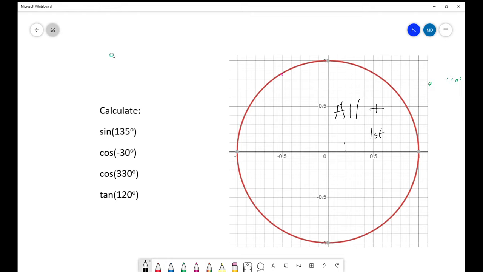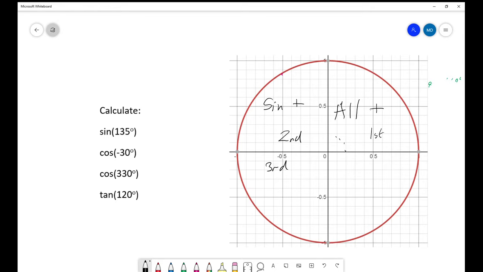And if we keep going, remember we count anti-clockwise, this is the second quadrant. Because in the second quadrant we're still going up, but we're now going left, sine remains positive, but cosine and tangent end up negative.